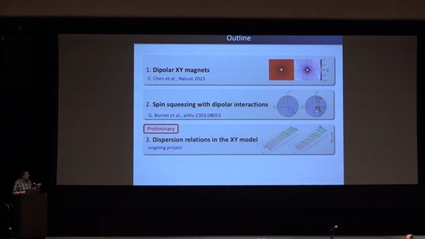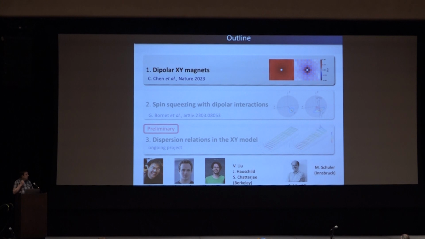Then I will show you that using dipolar interactions in the spin XY model, one can get scalable spin squeezing. And then finally, I would like to flash some recent results that we are just obtaining in the lab, where we try to measure the dispersion relation of particle excitations in the XY model.